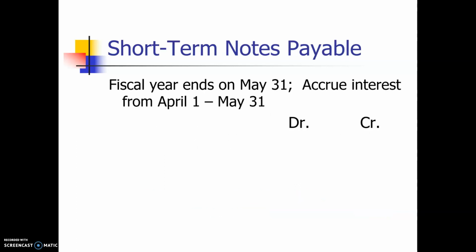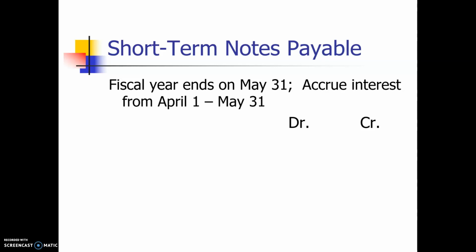But let's say that doesn't happen. Let's say we issued that note on April 1st, but our fiscal year ends on May 31st. Right, so if we issue a 3-month note on April 1st, April, May, June, that means it's going to be due on July 1st. Okay, and so our year ends on May 31st.